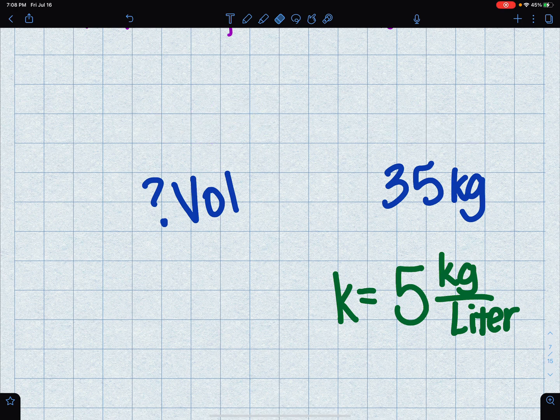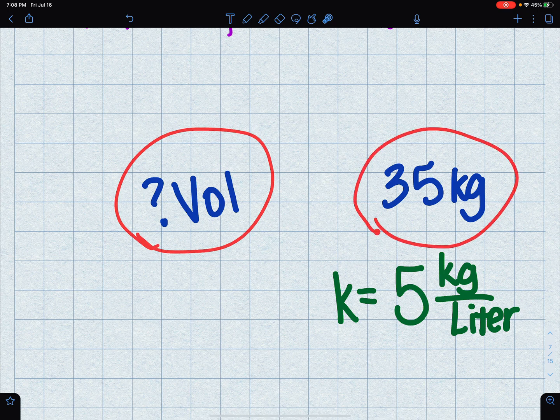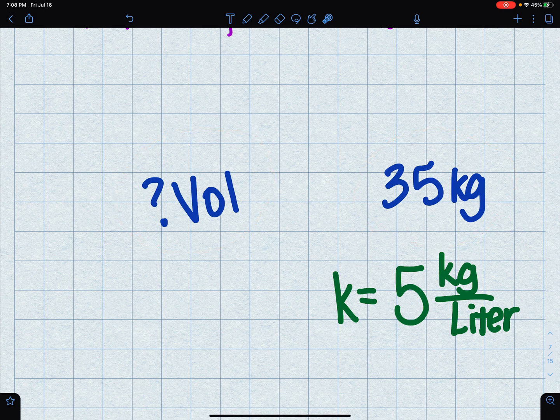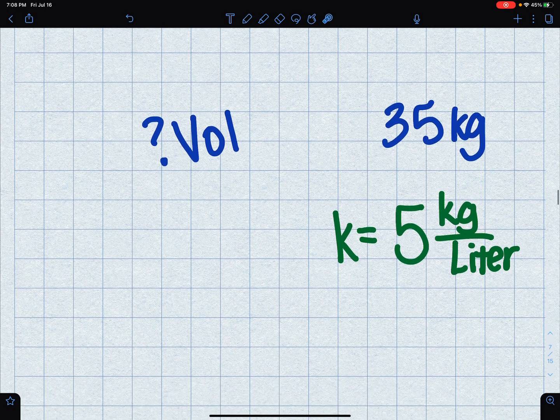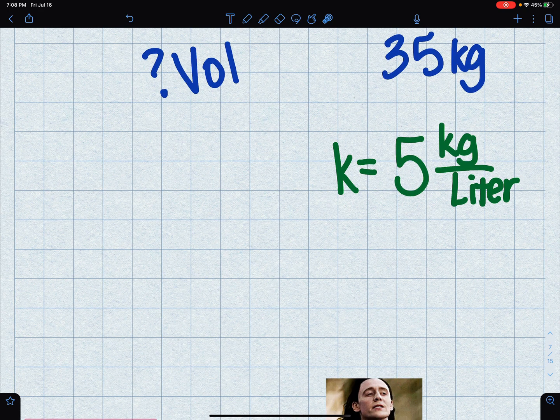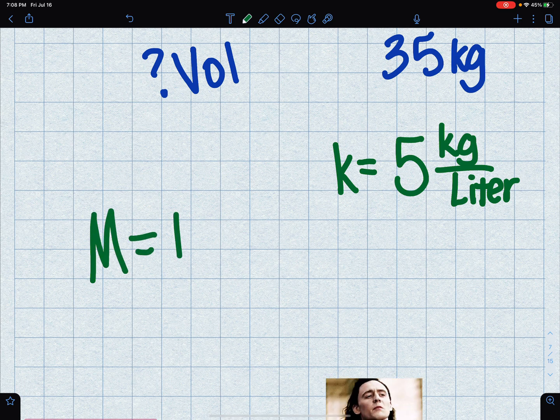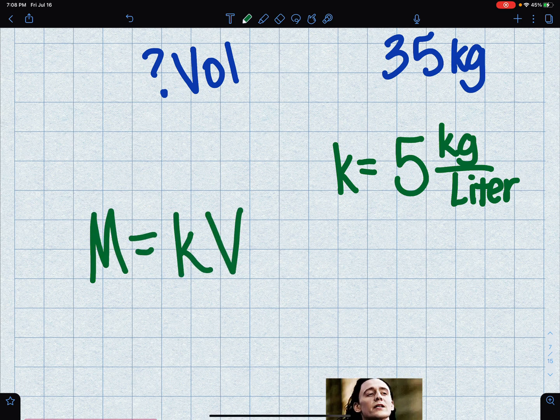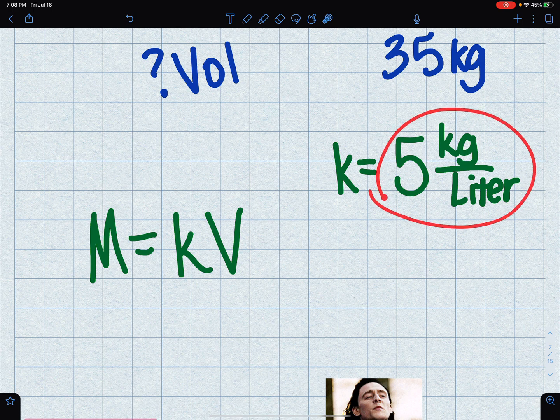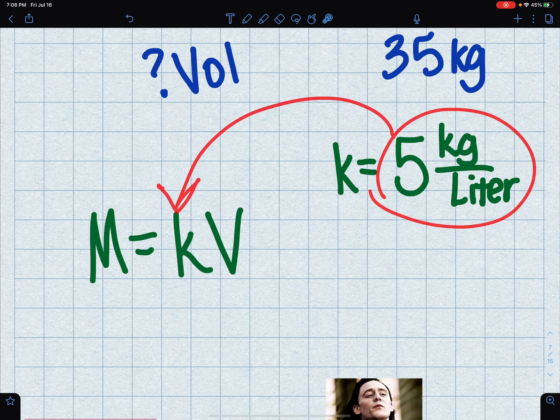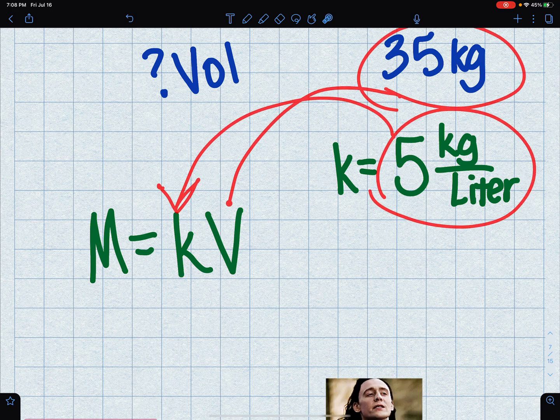Now that we know the constant, they want to know what volume are we going to have if we have 35 kilos. Okay, so you can take that original equation, mass is equal to K times V. And now we can take this, plug it in for K, and plug this in for, no, they want to know the volume.